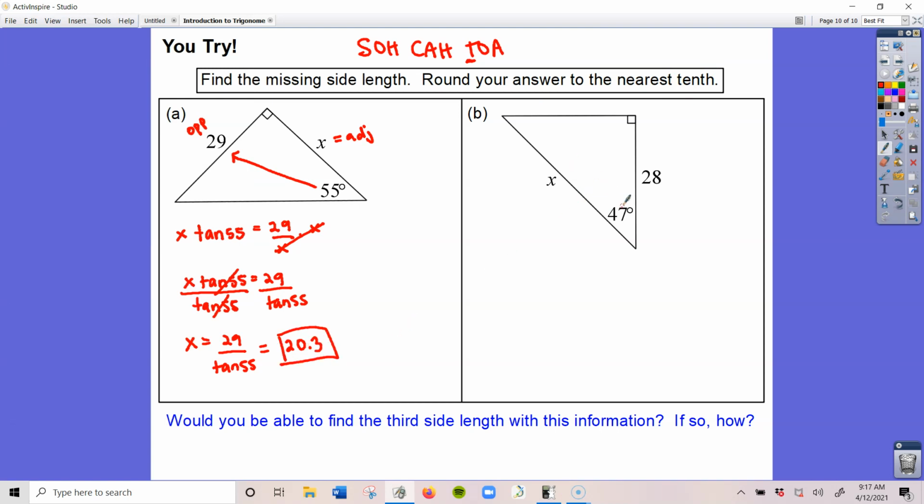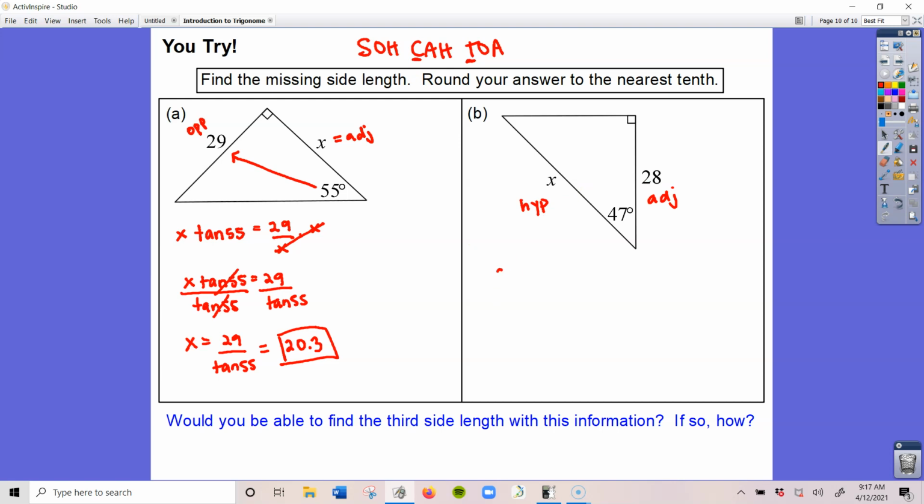Now we're going to come over here. Here's my angle 47. What we are given is x, which is the hypotenuse, since it is the side directly across, and then the 28 would be my adjacent, since it is next to my angle. The trig function that uses the adjacent and the hypotenuse is cosine.